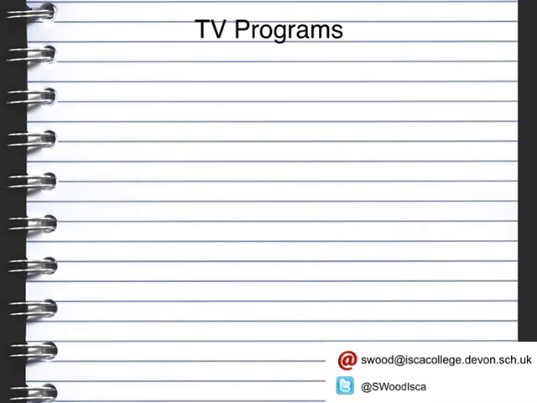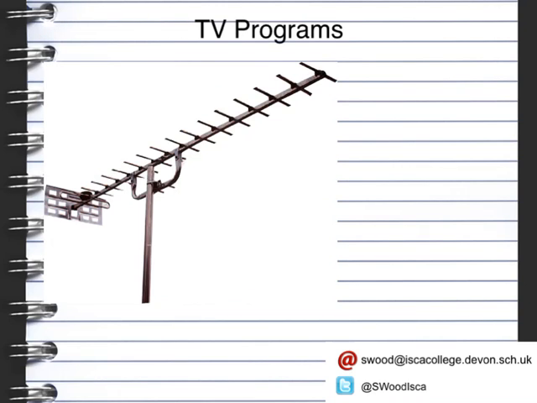Now, TV programs can be transmitted one of two ways. The first one is through radio waves. The second one is through microwaves. Now, if you have a TV aerial, you will get that through a radio wave. So if you have one of these on the side of your house, then you'll be receiving TV through a radio wave.